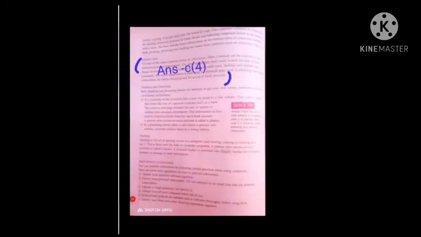Next, identity theft. The answer is on page number 98, under the heading identity theft. It is one of the most common forms of cybercrime. Here, criminals use the internet to steal someone's personal information.